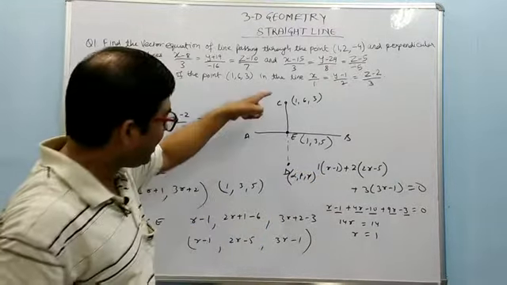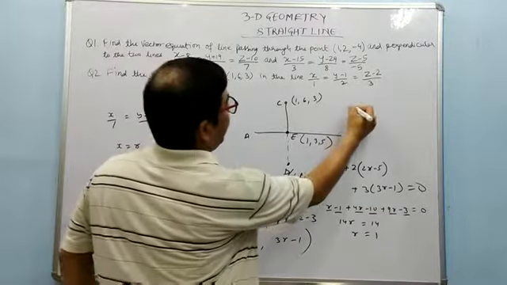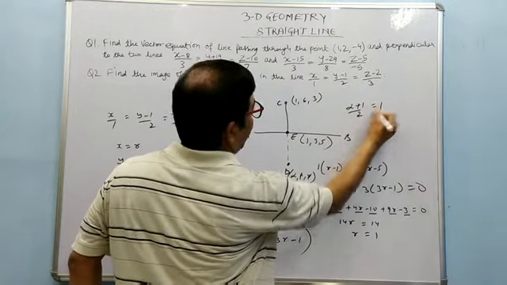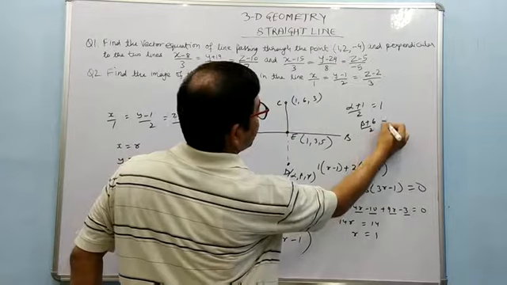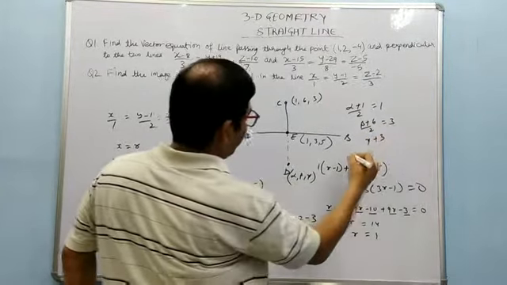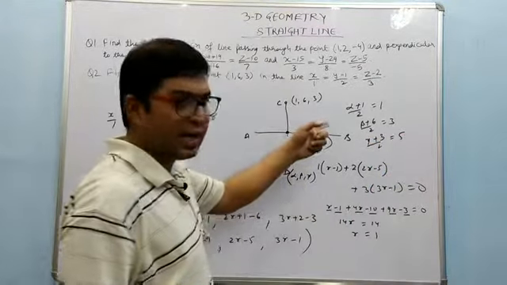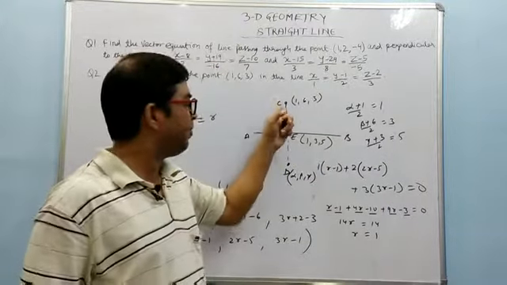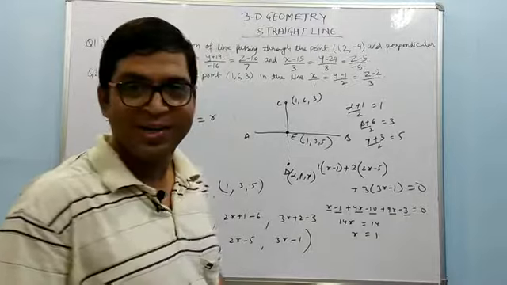Then you know that the midpoint of CD is E. So alpha plus 1 by 2 is equal to 1, beta plus 6 by 2 is equal to 3, and gamma plus 3 by 2 is equal to 5. We will get alpha, beta and gamma from here, which is the image of point C with respect to the given line. Hope you are understanding.